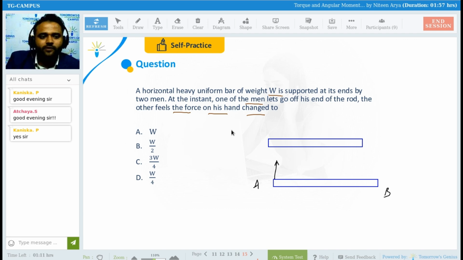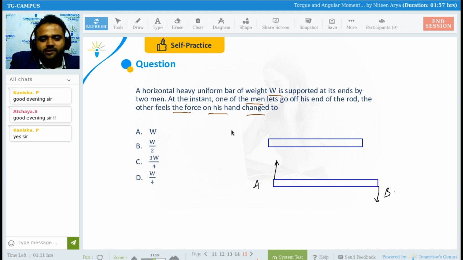It is going to topple in this way, because that person cannot hold the other side. The moment person B drops it, it goes in this way. So this is a non-equilibrium in rotational motion.